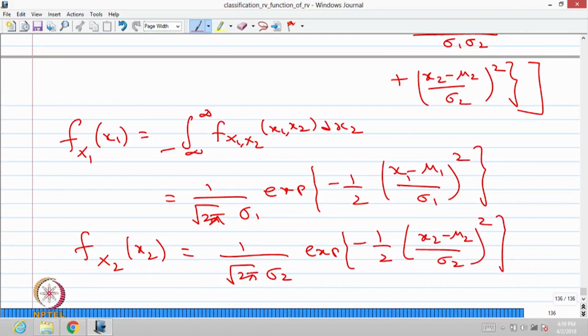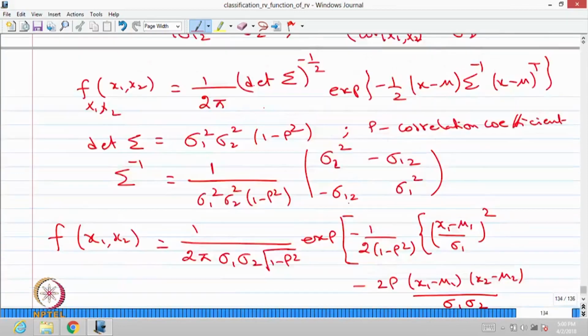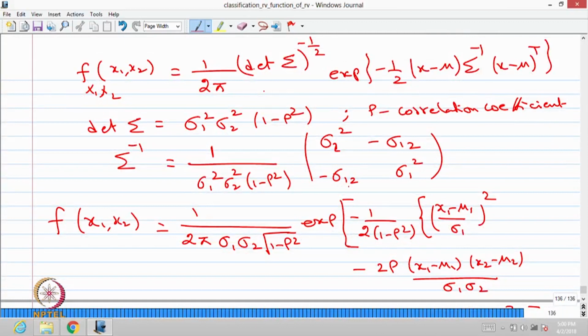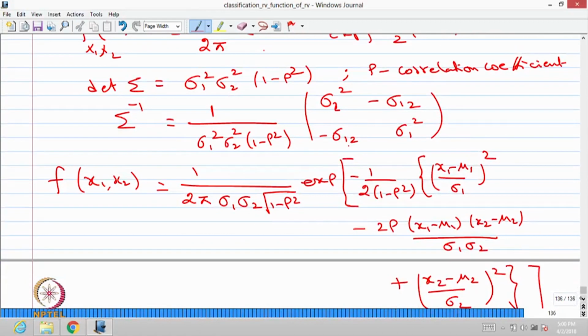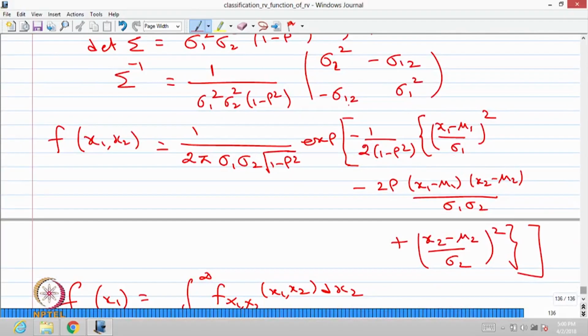By seeing the probability density function, you can make out this is a normal distribution with the mean mu 1 and the variance sigma 1 square for the random variable x1. Similarly, the random variable x2 is also normally distributed with the mean mu 2 and variance sigma 2 square, whereas the joint one is the joint probability density function of the bivariate normal distribution.